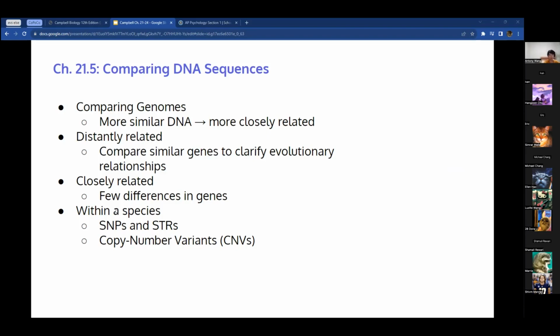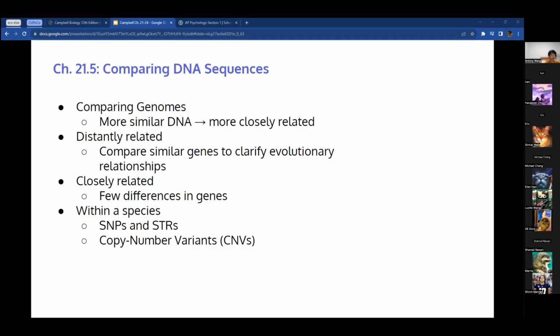There is also variation within a species. SNPs, single nucleotide polymorphisms, are where at least 1% of a population has a nucleotide base mutation at a specific point. This is important in diagnosing diseases or risk factors.